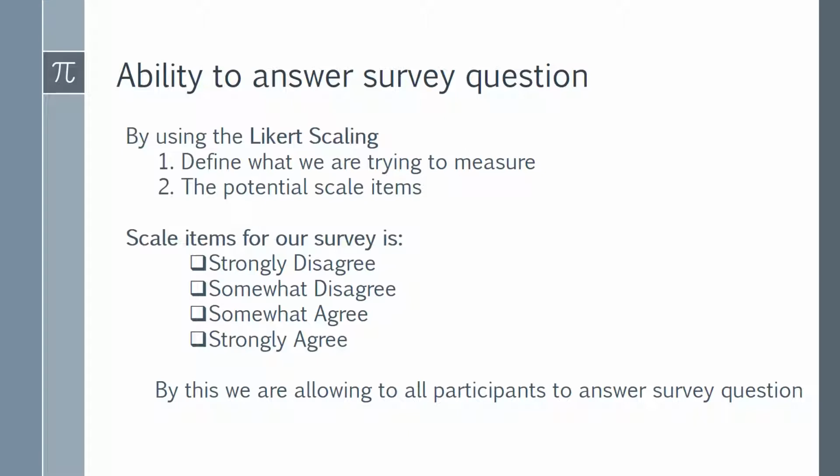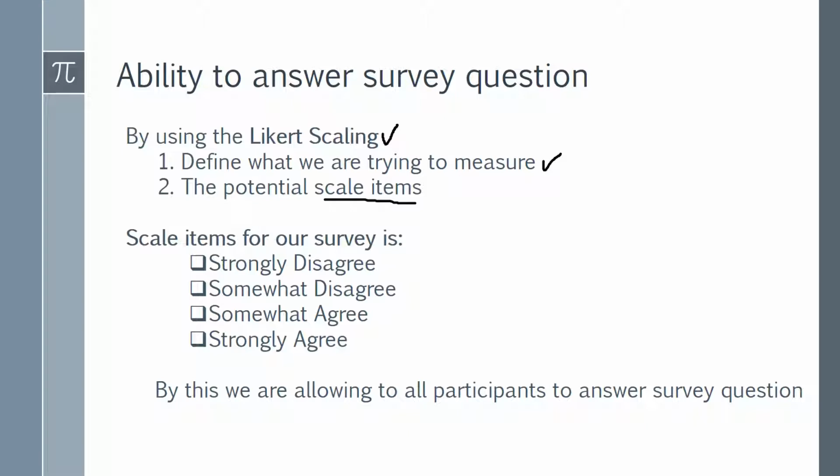Ability to answer survey questions. We use Likert scaling. With Likert scaling, first of all, we have to define what we are trying to measure. Then we have to set the scaling items.